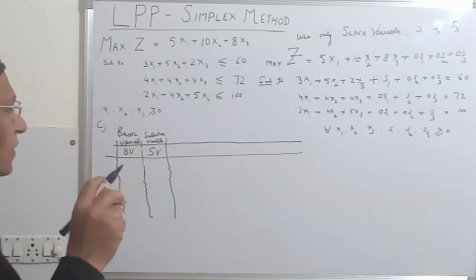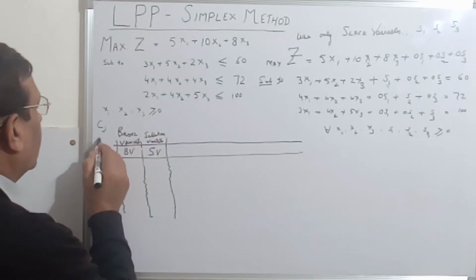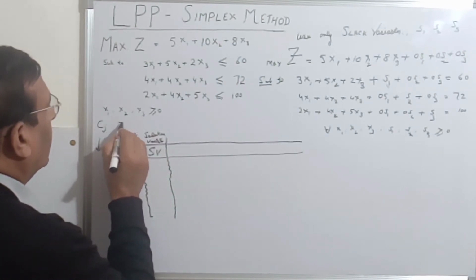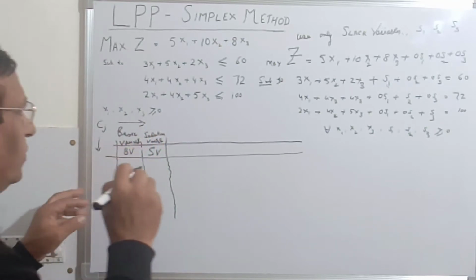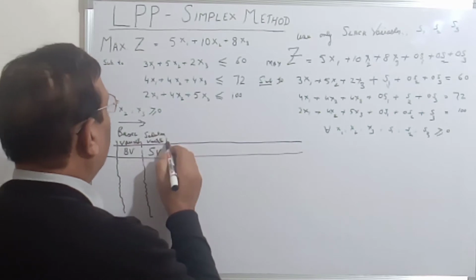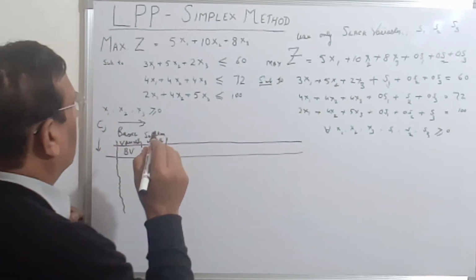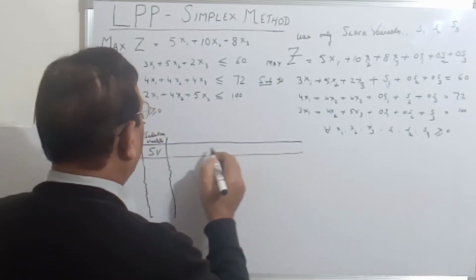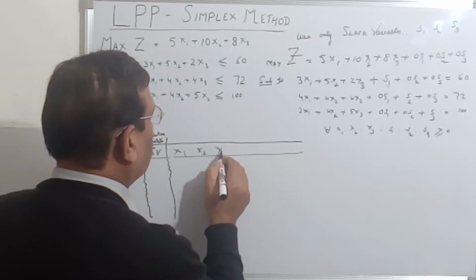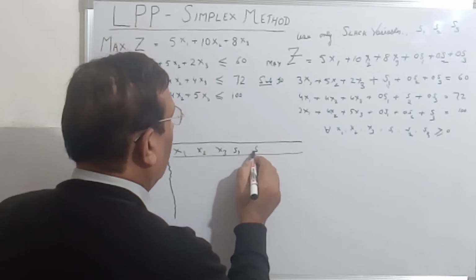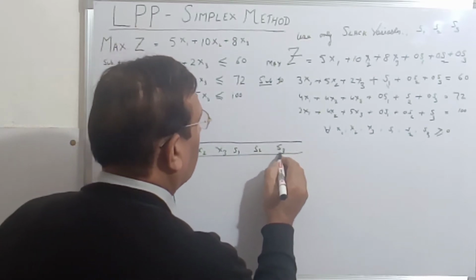Coefficient of the objective function, Cj. Now, here is the body of the matrix. Variables x1, x2, x3, S1, S2, S3.